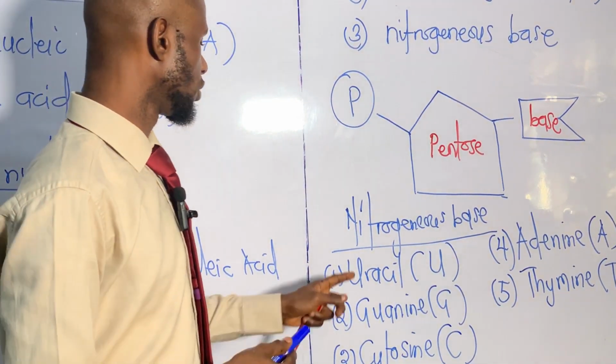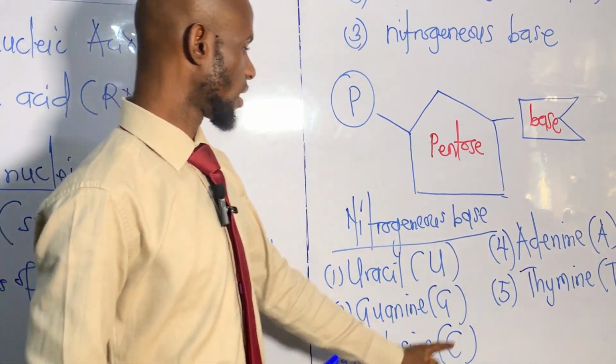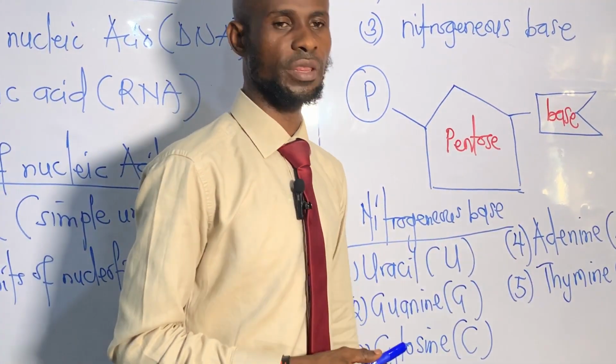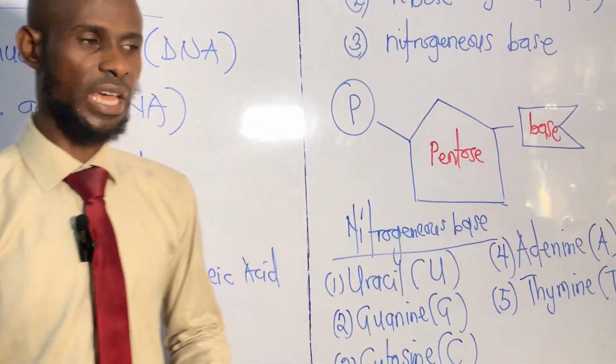Let's repeat together: uracil, guanine, cytosine, adenine, and thymine. So you memorize all these bases before the next class.